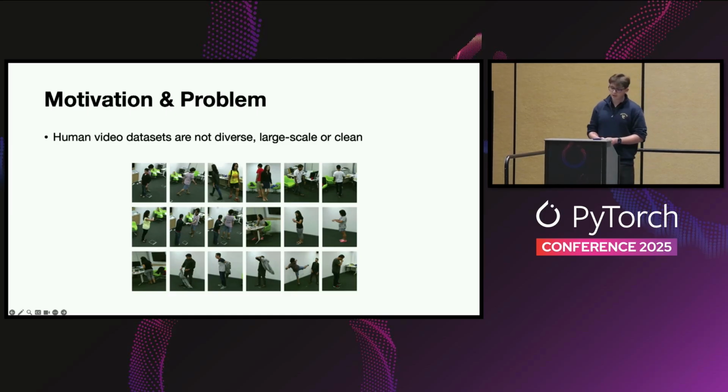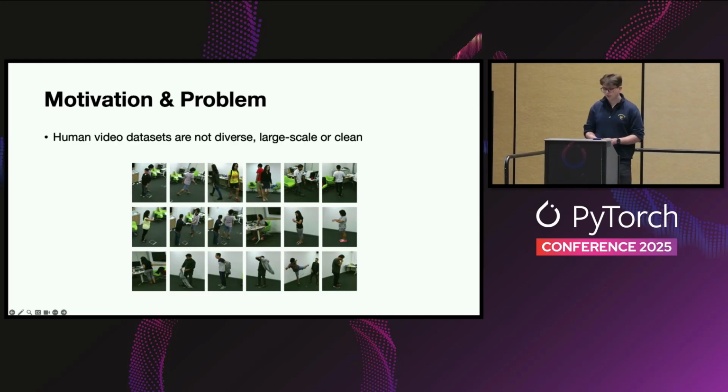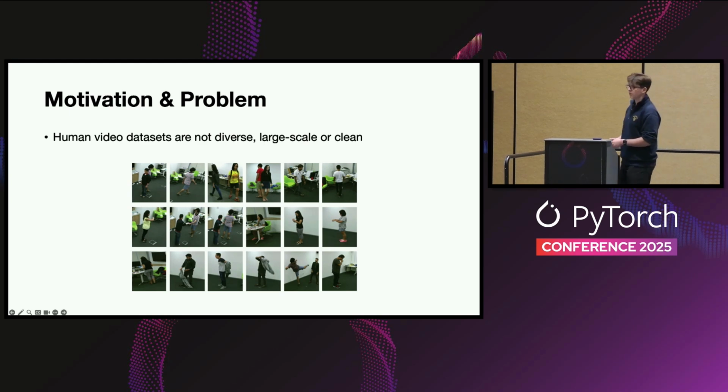But human video datasets for action recognition, sign language translation, or any of the tasks that require a human in the video are not very diverse or large-scale, or if they are, they are usually internet scraped, so they are not very clean, sometimes with multiple people occurring in a single video.